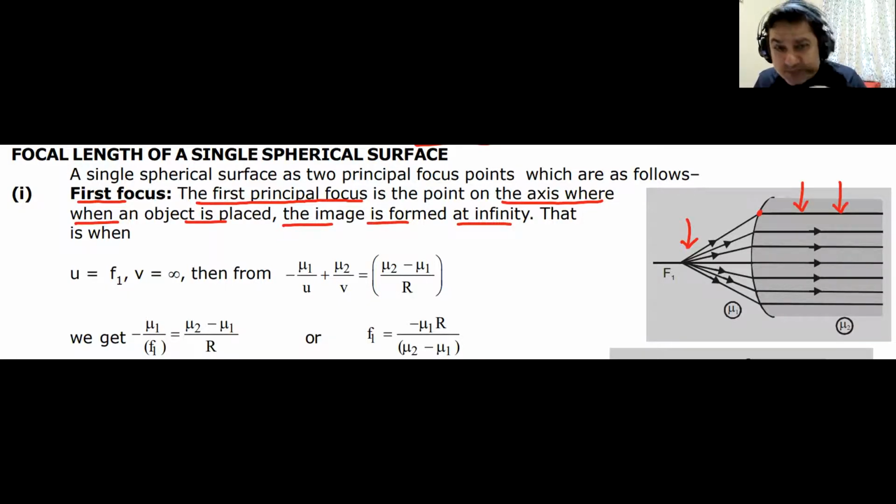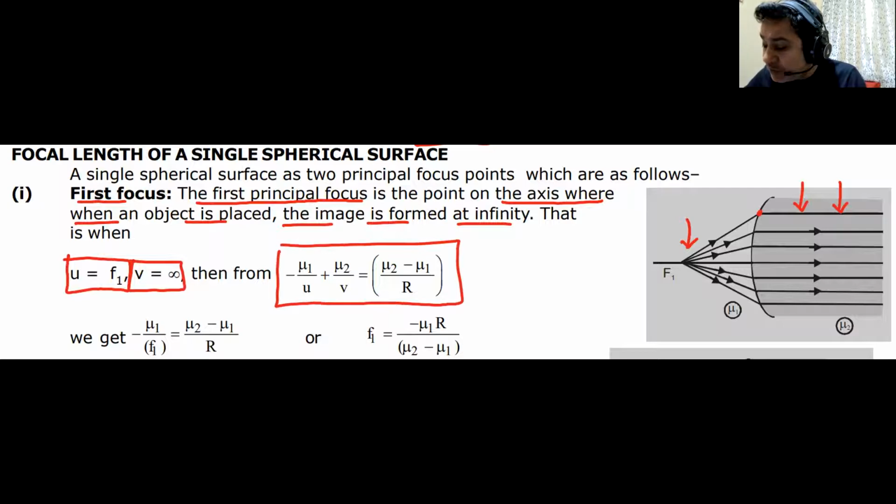That means rays of light are becoming parallel after refraction. Then we have the value of u as f1, and you have the value of v as infinity. You apply these values in the formula that I have told you. U is negative, v is positive and infinite.